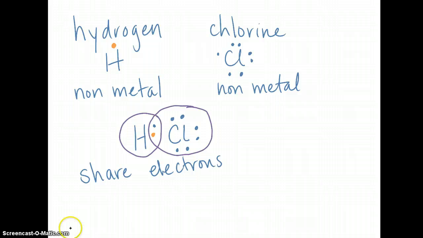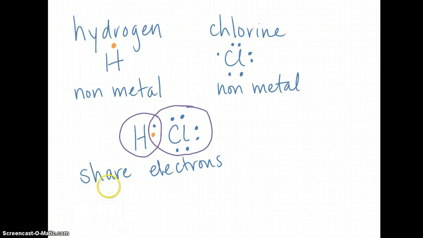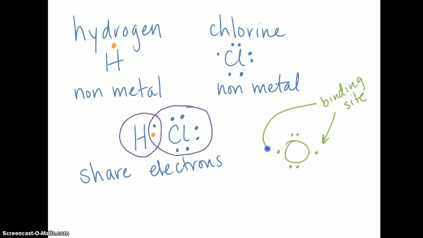One of the things that you may have noticed when I was doing all of these, that whenever you have a substance, let's say, for example, oxygen. Oxygen has a Lewis structure that looks like this. It has 6 electrons in its valence shell. That means that it has a binding site here because it just has that 1 electron, and it has a binding site here. So let's use an example. If we had 2 hydrogens that were going to bond, so that allows us to have oxygen bind with 2 hydrogens.